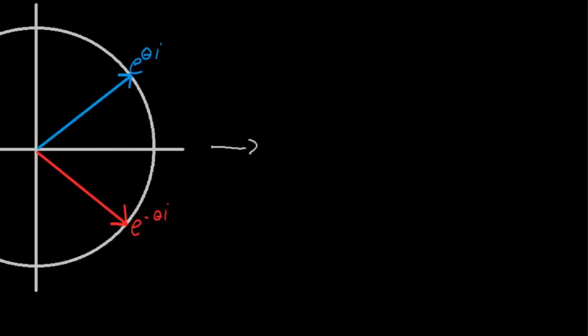You have the red vector over here, and again, we can denote this number as e to the theta i, and the other number as e to the negative theta i. So what we'll do now is we'll do the following.